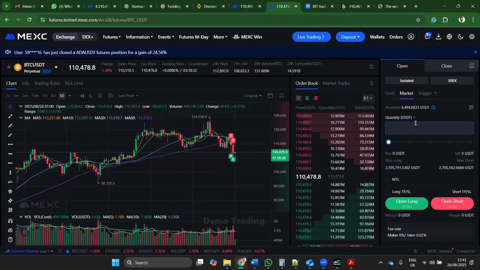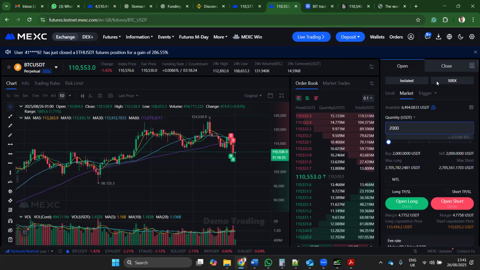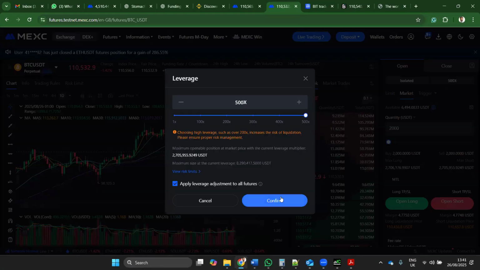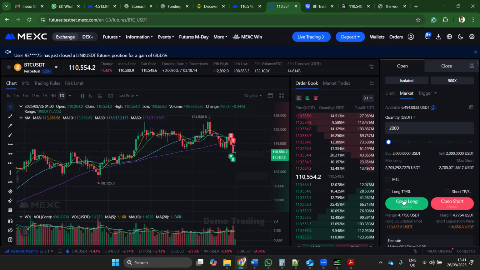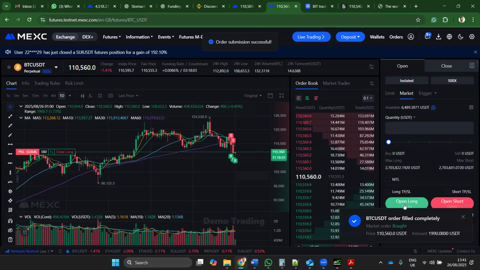I say I want to open the trade, and let's do the 500 isolated trade. The margin it's going to use is $4. This margin will get subtracted from my available balance. Okay, my order gets executed.